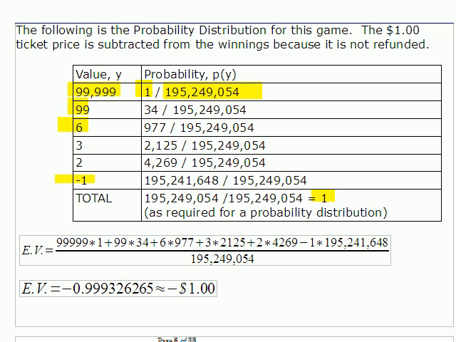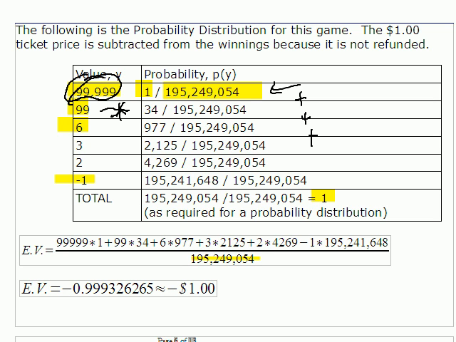For the expected value, I'm going to take this value and multiply it times its probability. Then I'll take the 99 and multiply it times its probability and add those together and just go down the list. Because they all have the same denominator, I just put the denominator down here by itself.